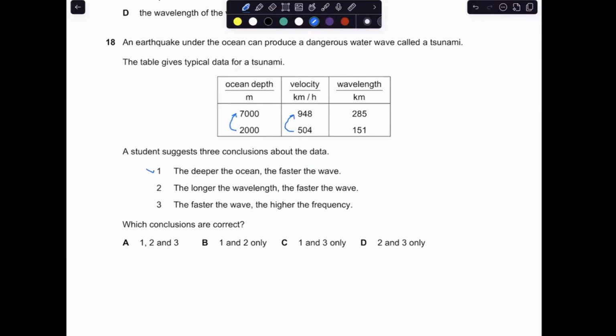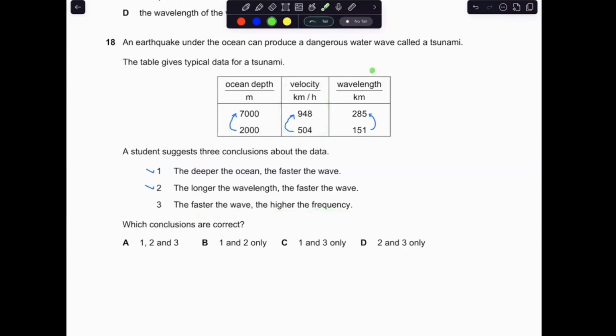And number 2, the longer the wavelength, the faster the wave. Is that supported by the table? Yes. So longer the wavelength, okay, fine, that's also in. Now, number 3, the faster the wave, the higher the frequency.